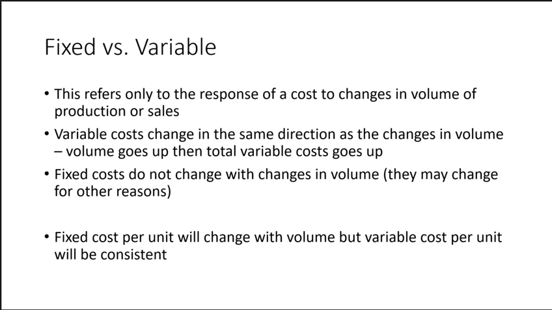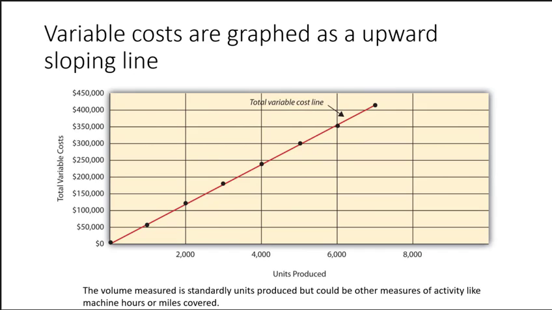Okay, so there is an example of fixed and variable. Another way to picture this difference is on a graph. Okay, and drawing lines, and we kind of assume that these are going to be straight lines for now.